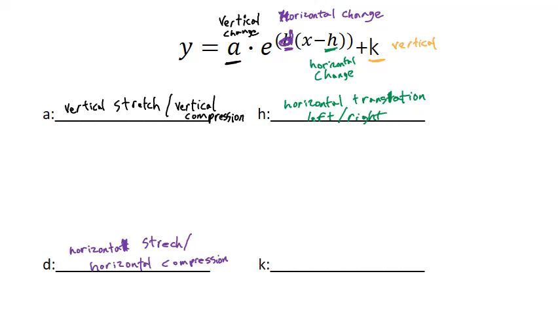So it has to be a vertical change. Our k value, what we noticed before, we said it's a vertical change, but it moved the graph either up or down. So it's a vertical translation, either up or down.